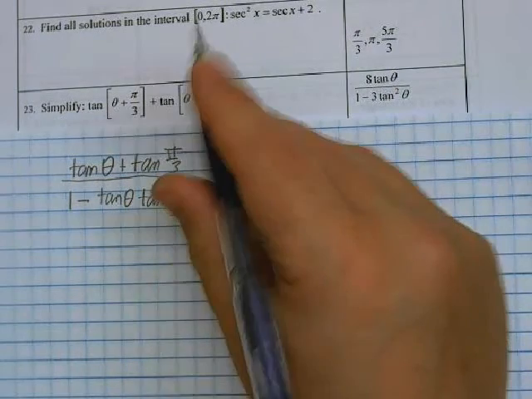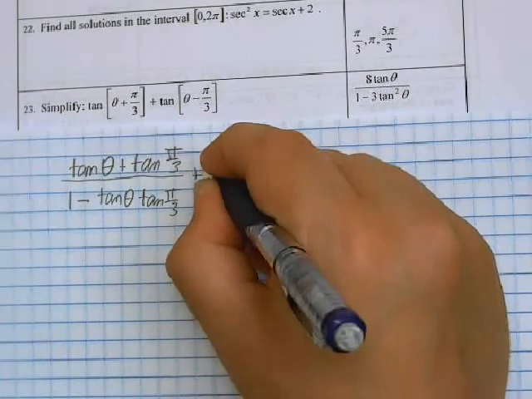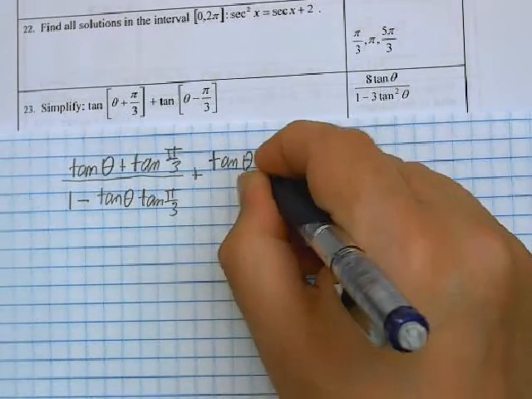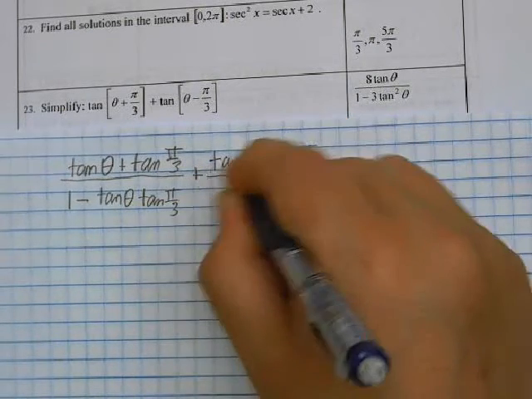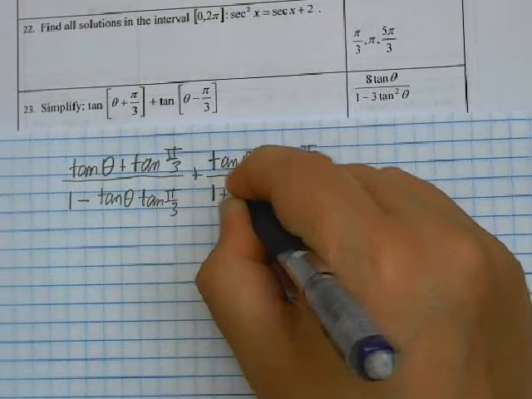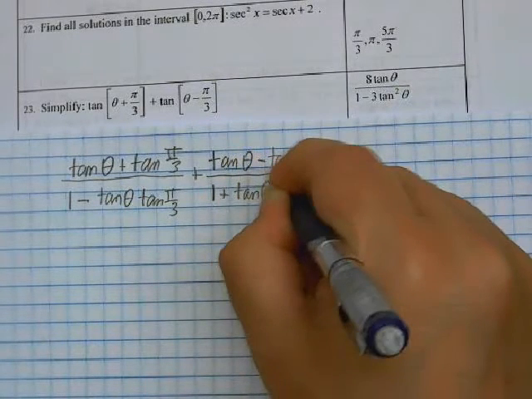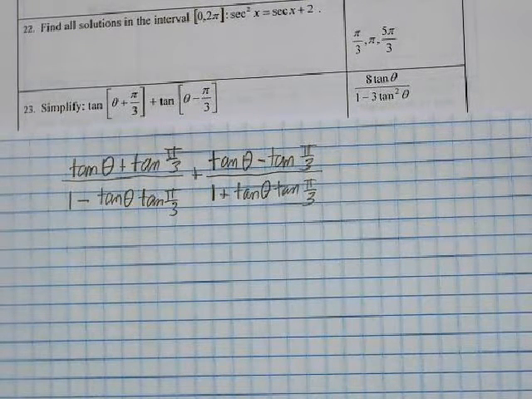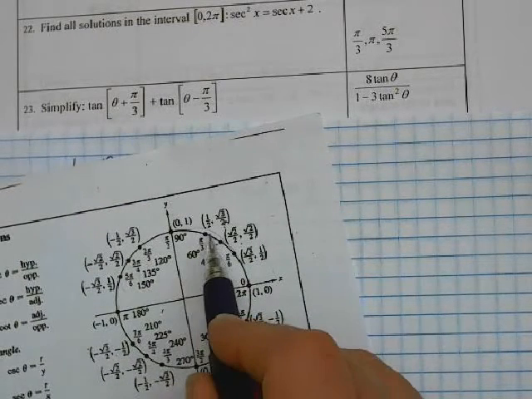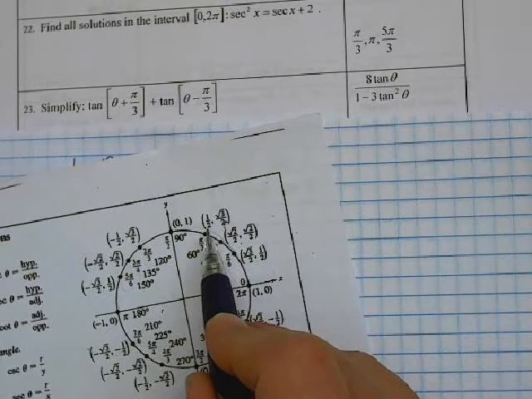Now, I need to use the difference formula. So I get tangent of theta minus tangent of pi over 3 over 1 plus tangent theta tangent of pi over 3. Well, I don't know what tangent of theta is, so that's just going to stay tangent theta. But I do know the tangent of pi over 3. Tangent is y over x.